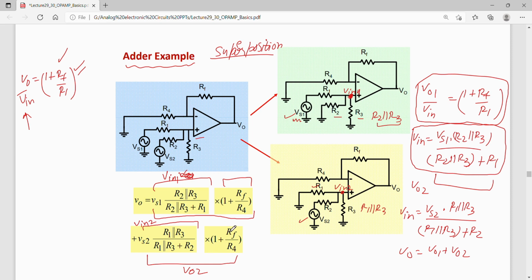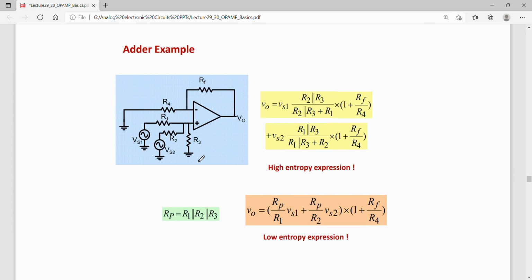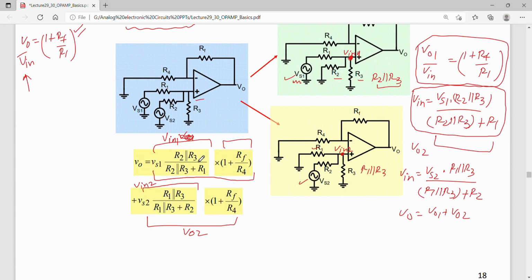Okay. So one can find out the output voltage for this example by considering one input at a time, using superposition. Okay. Now in this equation for output, we see it looks very complex, right?